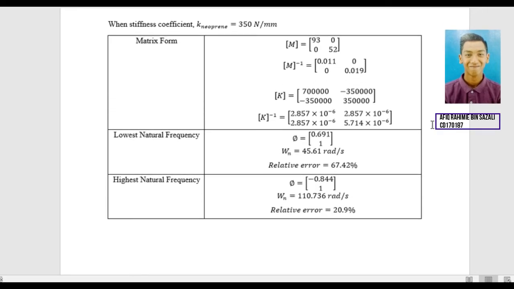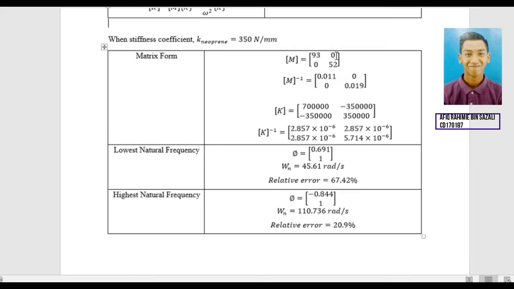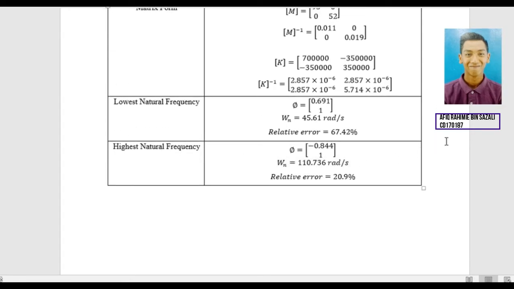Next, when stiffness coefficient K for neoprene is equal to 350 Newton per millimeter, the matrix form is as shown. As you can see, for the lowest natural frequency we get 45.61 radian per second, and for the highest natural frequency we get 110.736 radian per second.